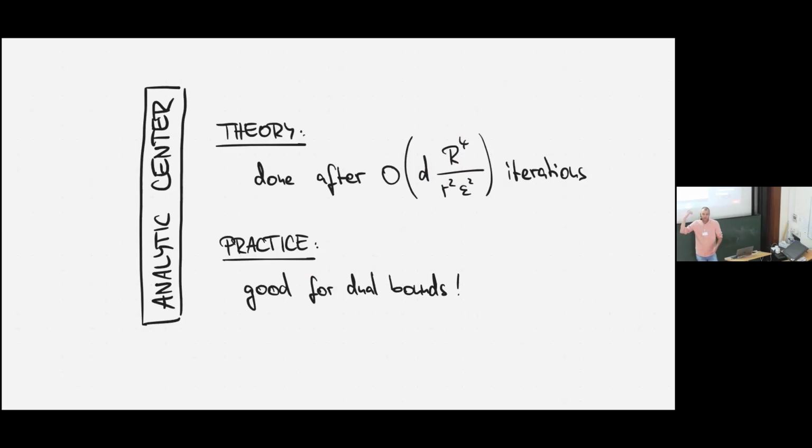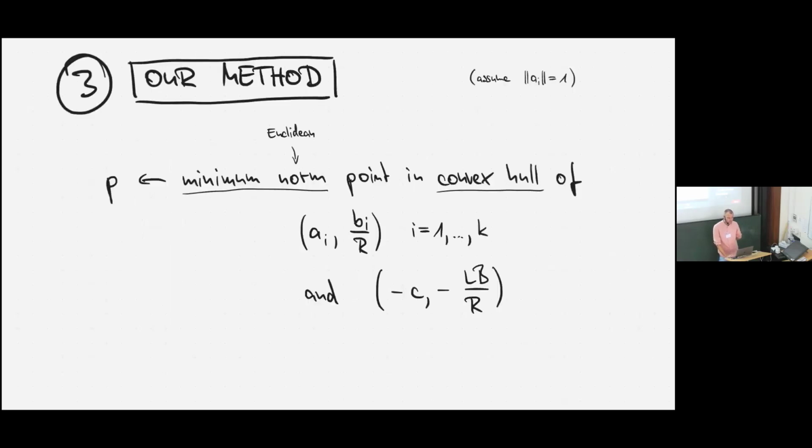However, in this framework, this method can also create some feasible points in between, which bring our lower bound up. On the lower bound side, this method still seems a bit weak. We will see it later, okay? So in this talk, I would like to talk about another method that we came up with, which works as follows.